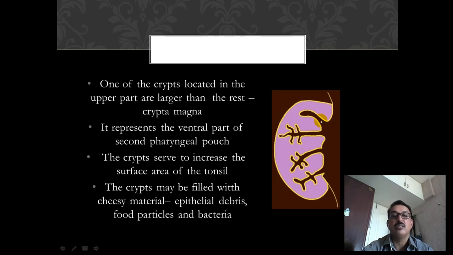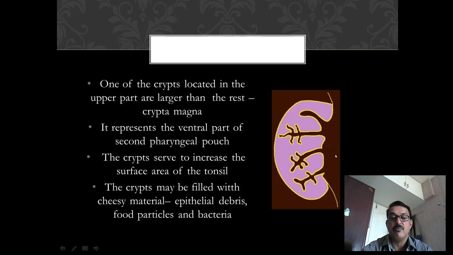One of the crypts is larger in the upper part, and it is called crypta magna. It is supposed to represent the ventral portion of the second pharyngeal pouch, and the function of the crypts is to increase the surface area of the tonsil which is exposed to the food.